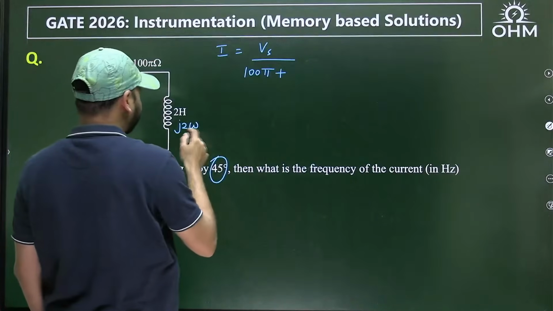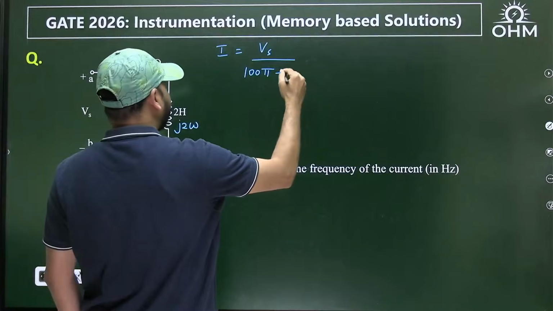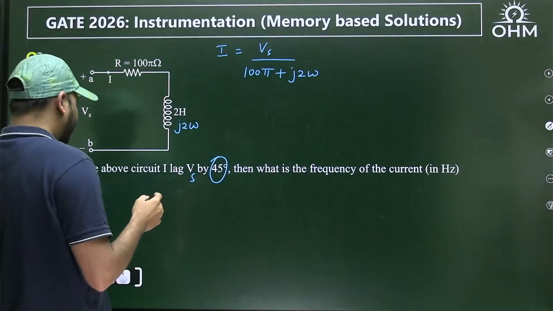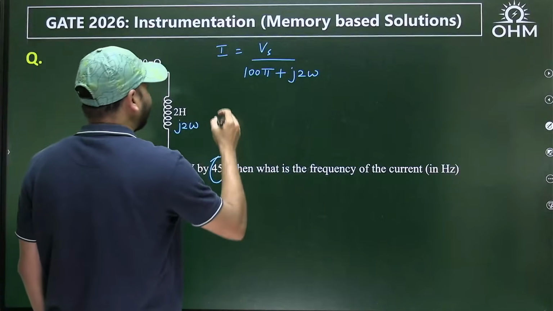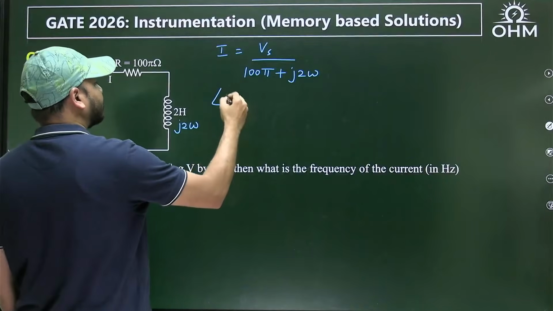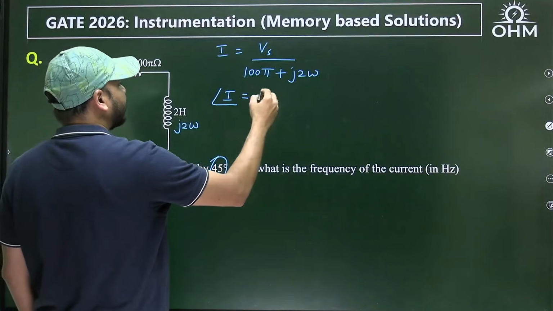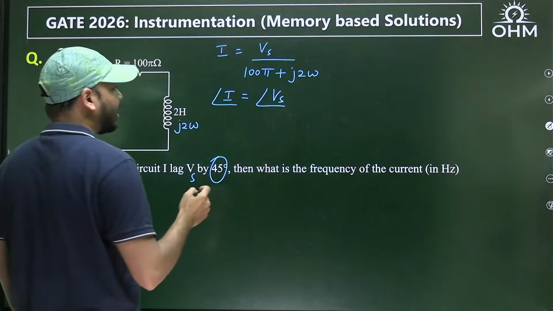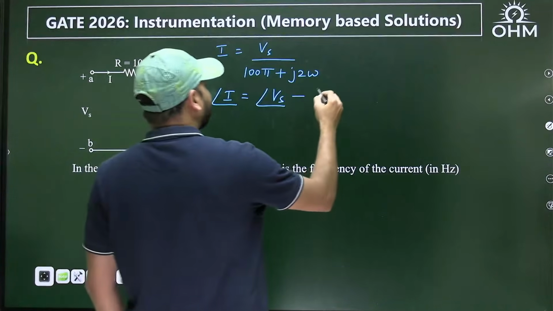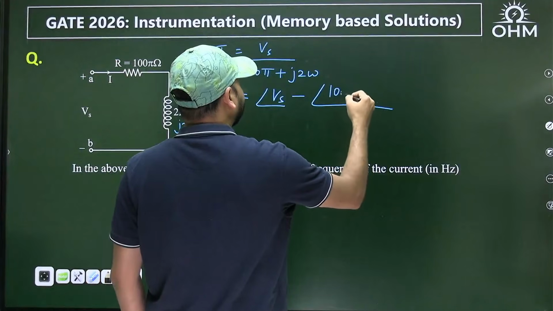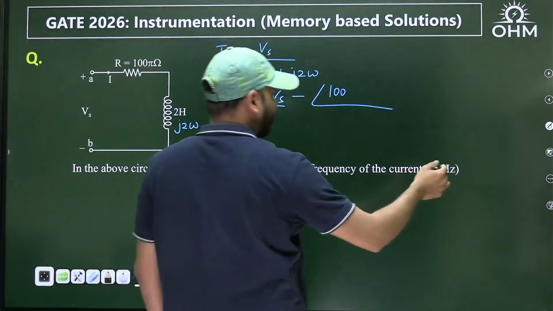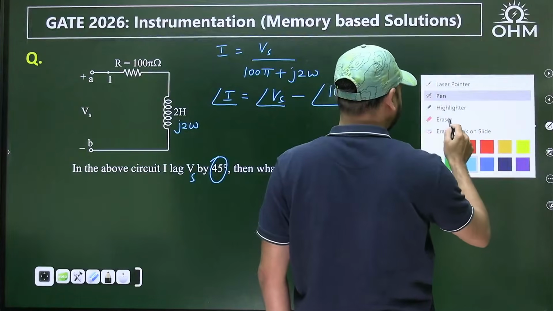And then the impedance of the inductor is what? J2 omega. Yes. And then if you compute angles on both the sides, the angle of I is equal to angle of Vs minus angle of, what is the angle of this denominator? Tan inverse, okay, I'll just write the angle directly.